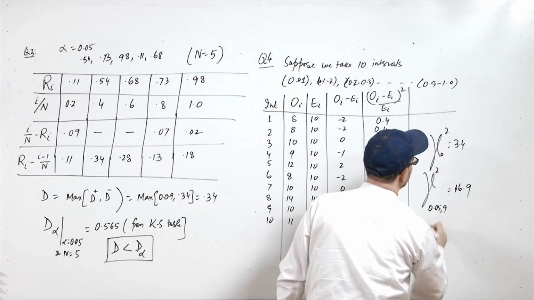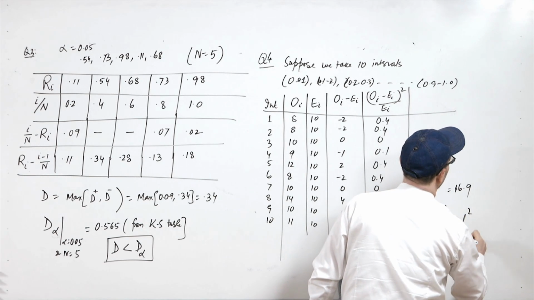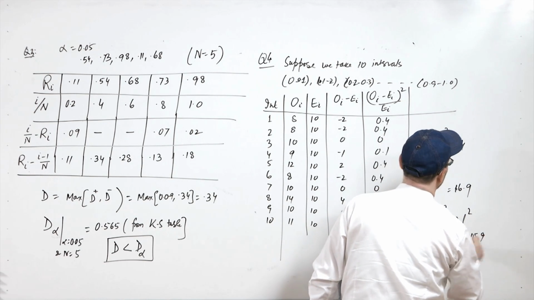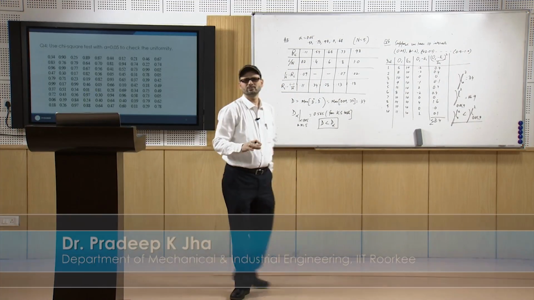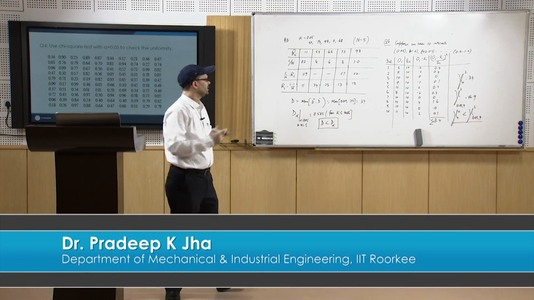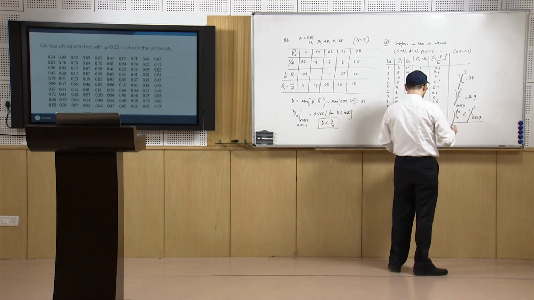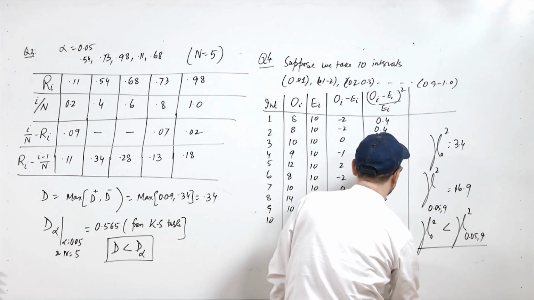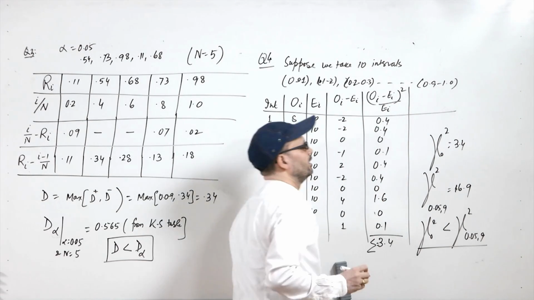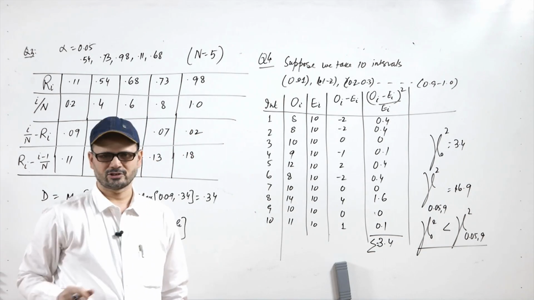So 3.4 is less than 16.9, and the hypothesis is not rejected. It is assumed that the sample passes the uniformity test, so the sample is from the uniform distribution.